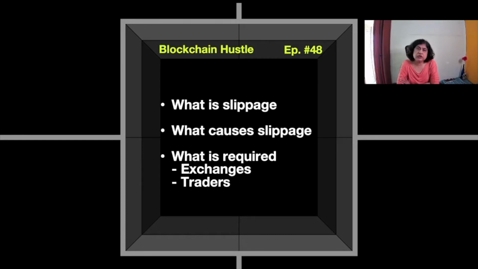The second reason that can cause slippage is when you're placing a very large order and the order book does not have sufficient depth to support such a large market order. When you place a very large market order, the engine behind trading looks at the volumes at the different price levels to see if it can fill that large order through these existing levels.